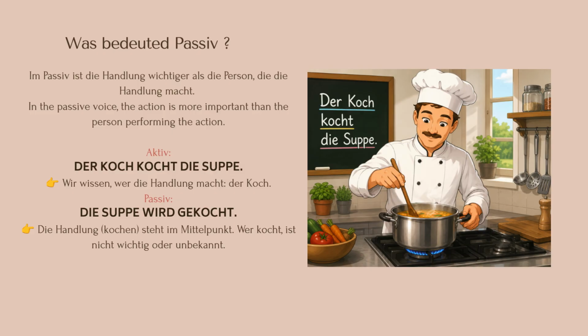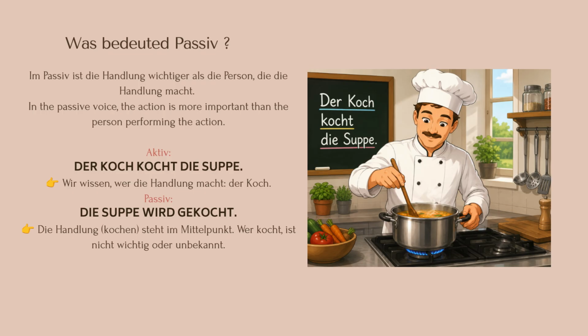It is in the active voice, which means here the person is important. Wir wissen, wer die Handlung macht: der Koch. We know who does the action, the chef. Now look at the passive.